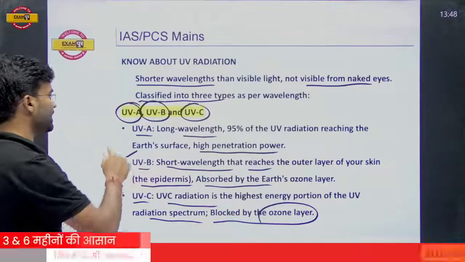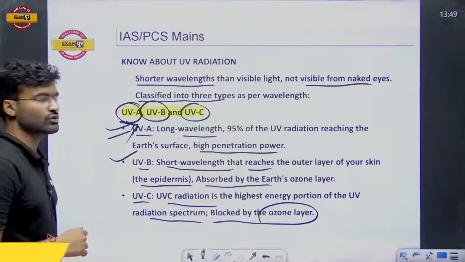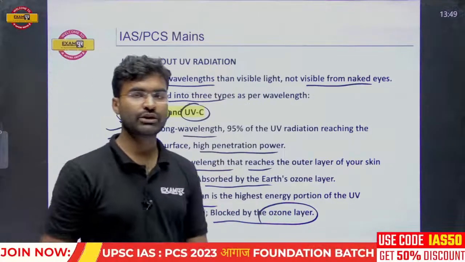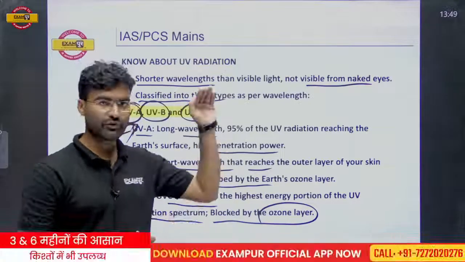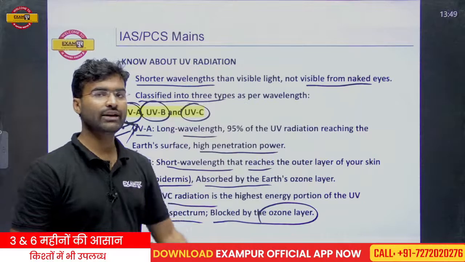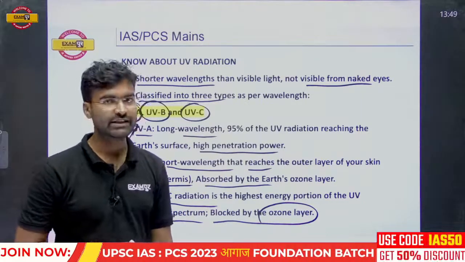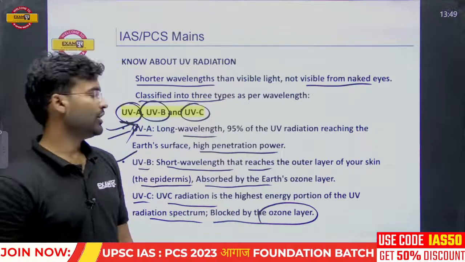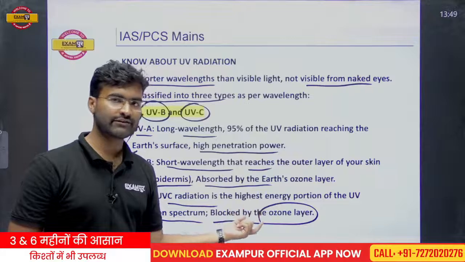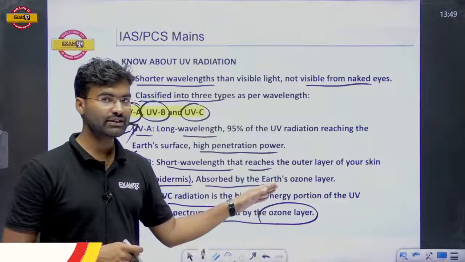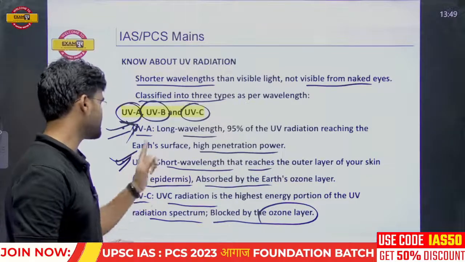So UVA is not blocked by the ozone layer. The ozone layer cannot block it because its penetration power is very high, so it penetrates the ozone layer and arrives at the Earth's surface. But UVB and UVC are blocked by the ozone layer, so they cannot arrive at the Earth's surface. If the ozone layer is depleted, then these rays will also come toward the Earth's surface.